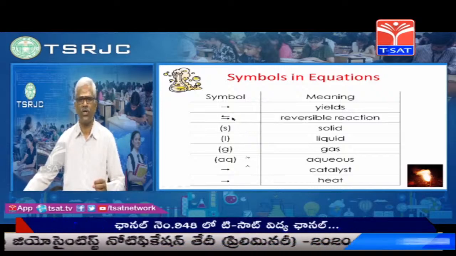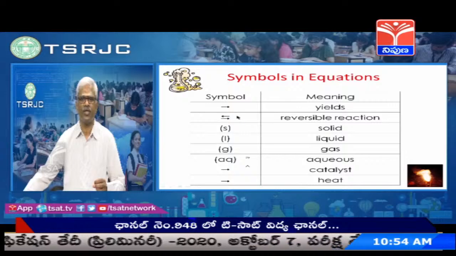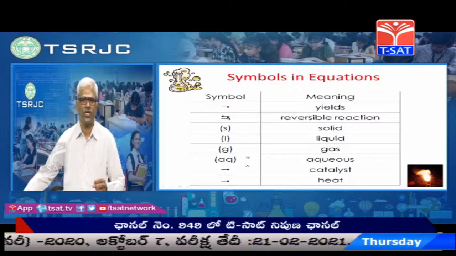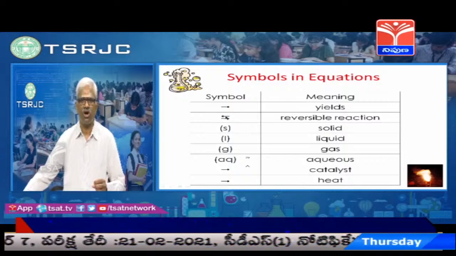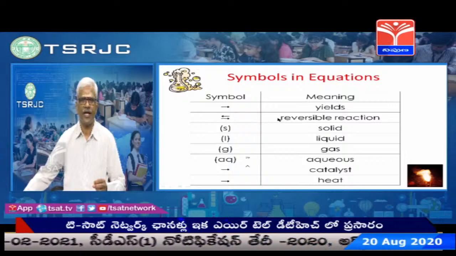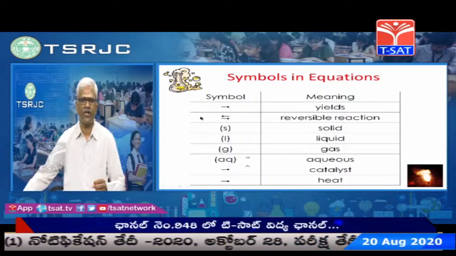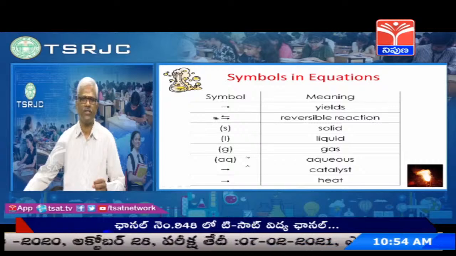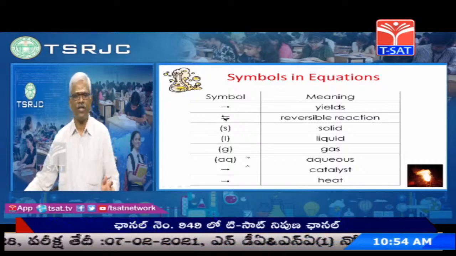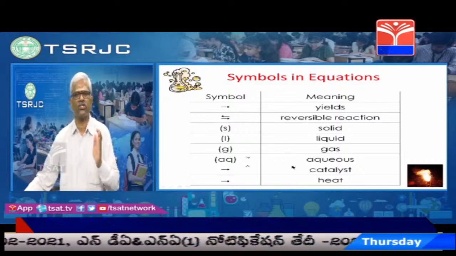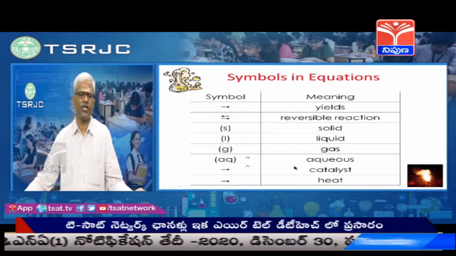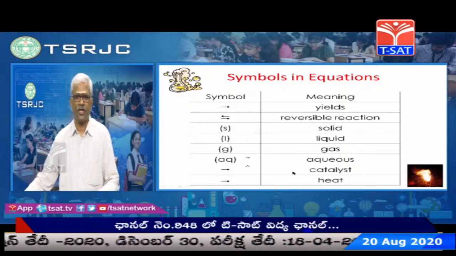Already I told, reversible reaction will be represented with these two arrows. This is called forward reaction, right hand side, and this is backward reaction. Backward reaction means in the reversible reaction, the products will again convert into reactants.